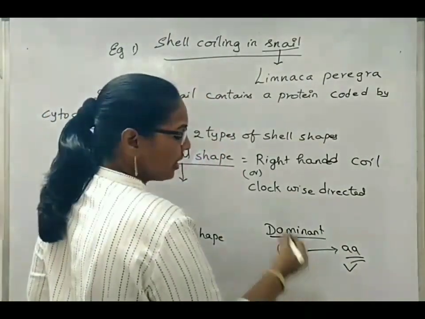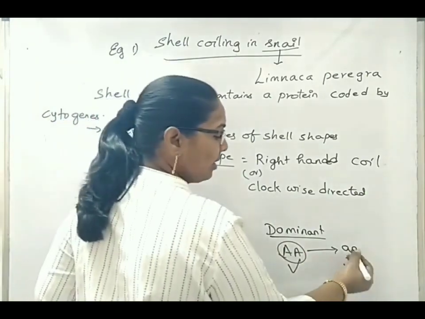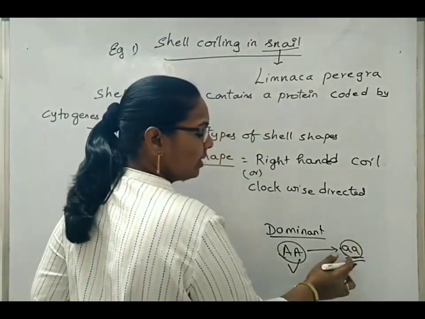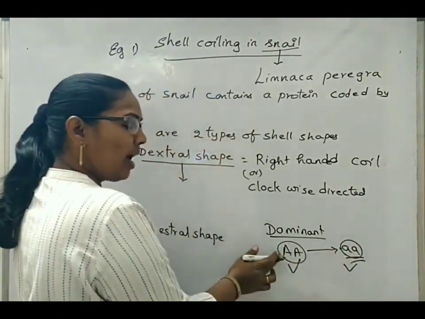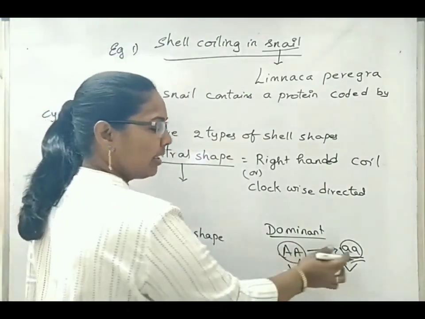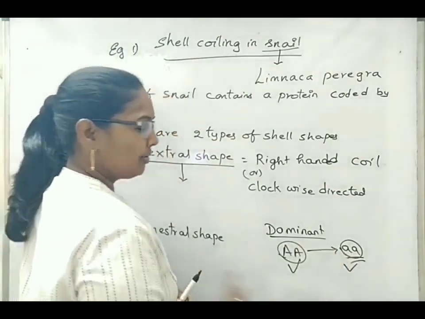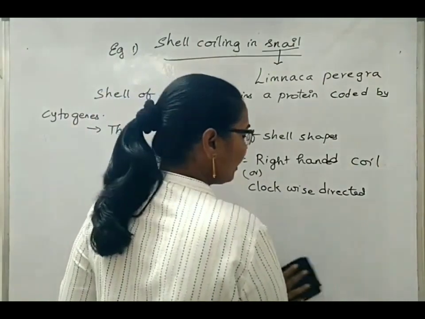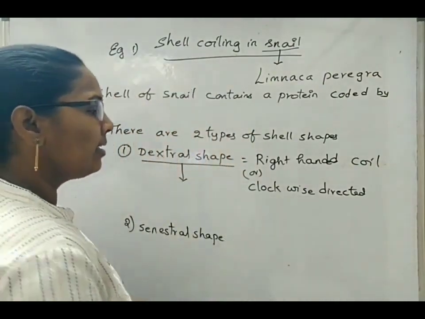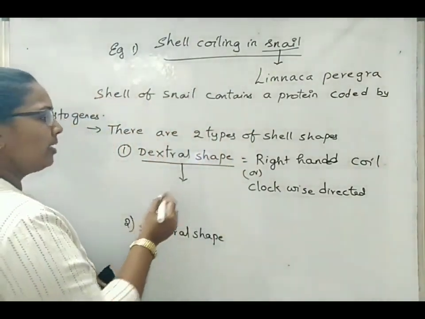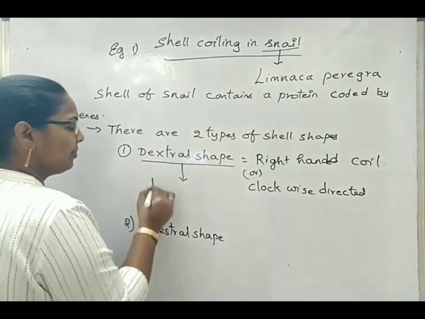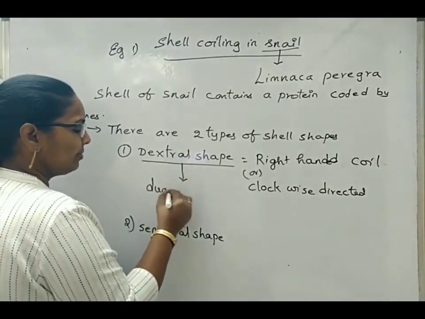Then we call such genes dominant genes. When they are suppressed in the presence of another allele pair, they are called recessive forms. So here, the right-handed helix or clockwise directed shell of the snail is considered to be due to dominant alleles.